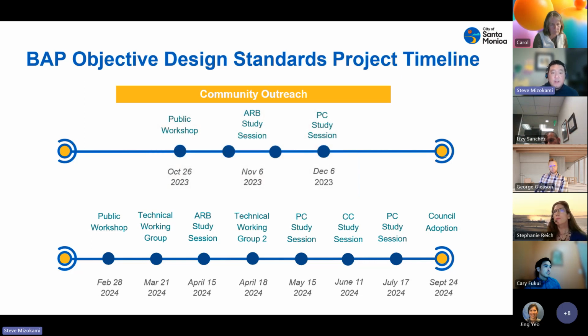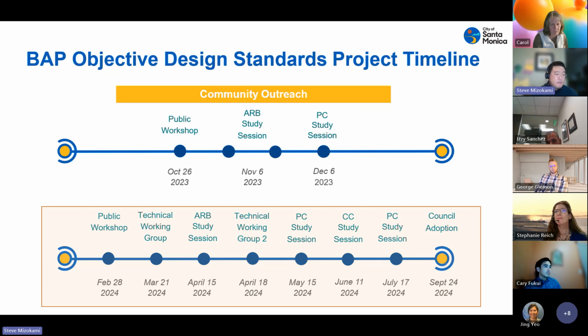And so the bottom timeline here highlights our next steps for this project. We're picking up starting today, and we're going to go through the end of September. And you can see that we have a few more technical working group workshops coming up, as well as a few study sessions, before we get down to Planning Commission recommendations and eventually City Council adoption of these standards.